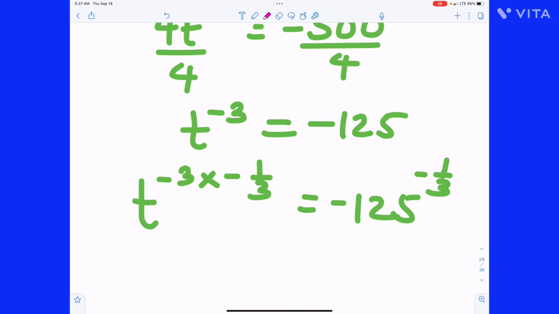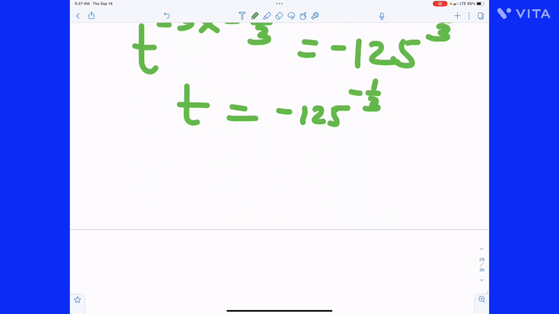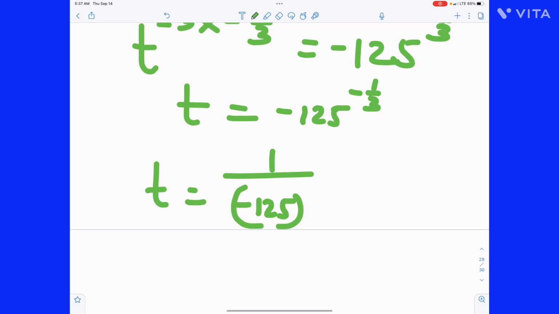So this will give you t. We've done that several times. T is minus 125 raised to power minus 1 over 3. That will now give t is equal to 1 over minus 125 raised to power 1 over 3.